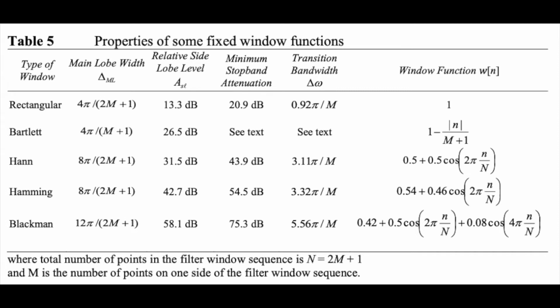Let's say based on the minimum stop band attenuation value, you know you have to use, for example, the Hamming window. So you refer to the Hamming window row, and then you select the transition band value based on the Hamming window.